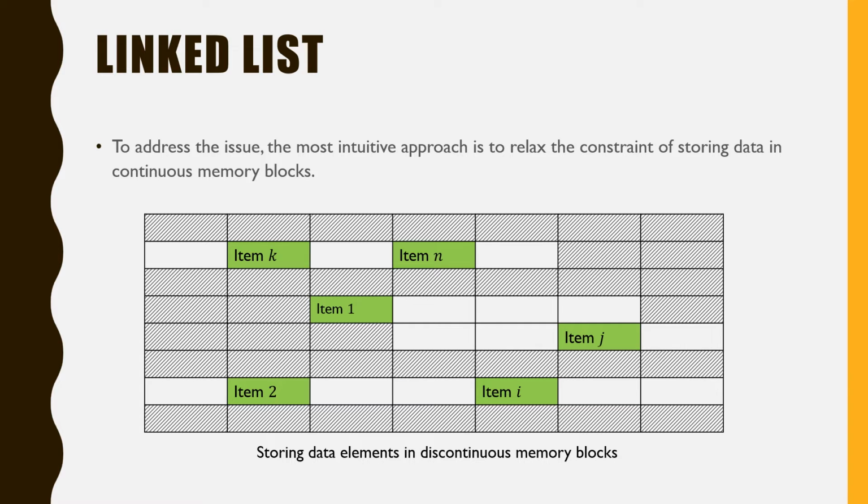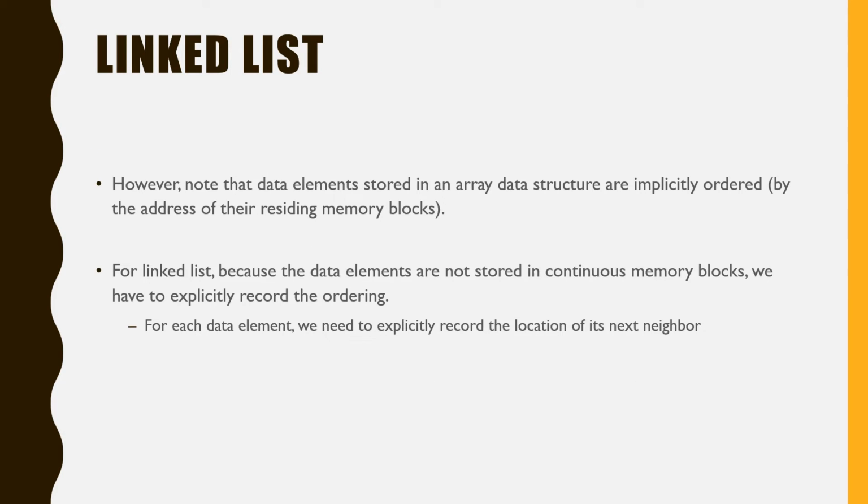As you can see here, the data elements are scattered around the entire memory space. However, when we store the data elements in discontinuous memory blocks, we lose the information regarding their relative order. To address this issue, we will introduce an additional field to record the location of its next neighbor. We will have to do it for every data element.